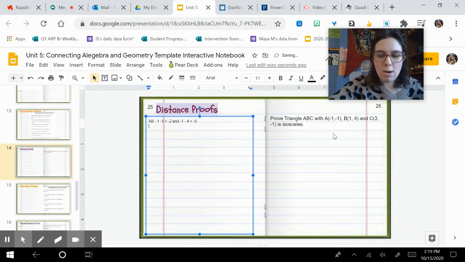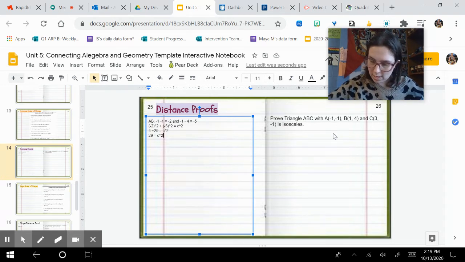So -2 squared plus -5 squared equals some unknown length squared. -2 squared is 4 plus -5 squared is 25 equals c squared. So 4 plus 25 is 29 equals c squared. Remember, to find out what c equals, we have to reverse the square, which means we have to square root both sides.